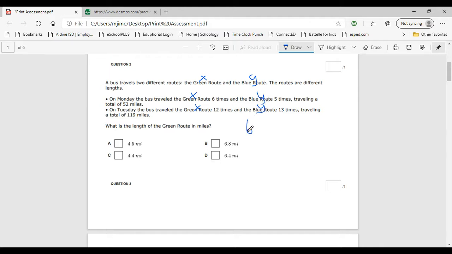So 6X plus 5Y equals 52. And the second one would be 12X plus 13Y equals 119.